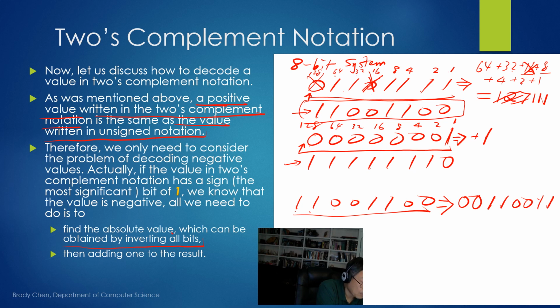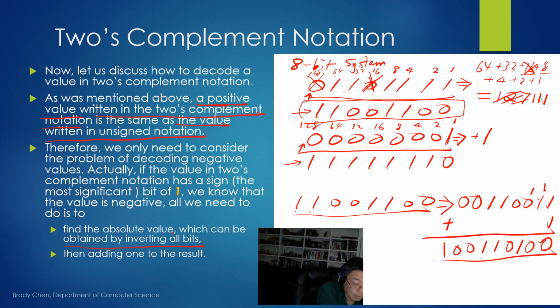And then we add a number 1 on top of this. So 1 plus 1, that's 2, so it's 10. So you carry 1 to the next position, and 1 plus 1 is 0, carry to the next position, plus 1 plus 0 is 1. Okay, so it's 00110100.